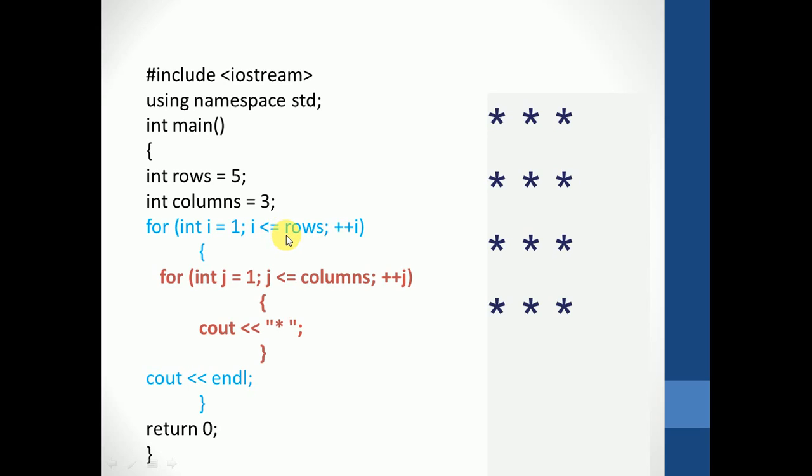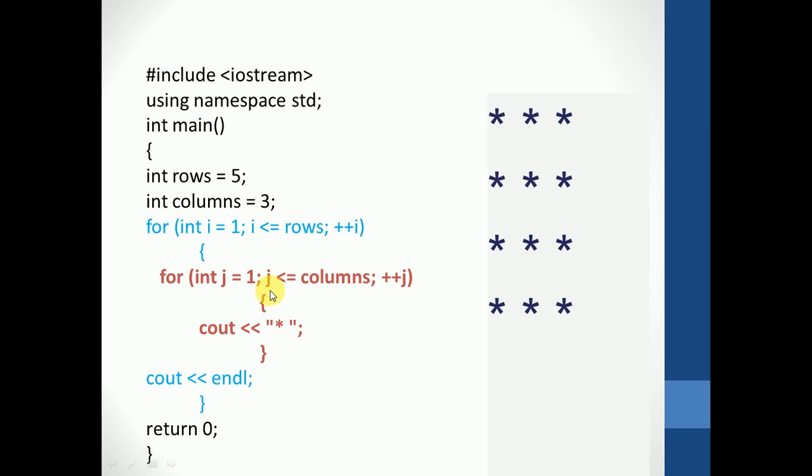Now where does it go? Yes, it automatically enters inside the loop because the condition is true. Now it checks the inside for loop. Inside the for loop you have another variable j which is an integer. So j equals 1. Now 1 is less than or equal to, what is the column value which is initialized, is 3.